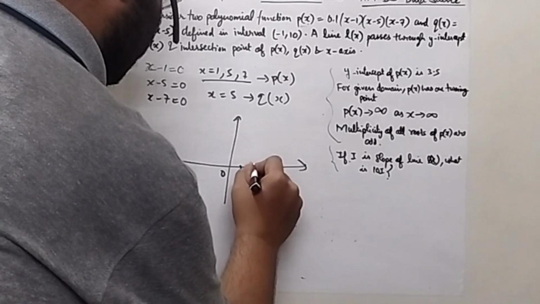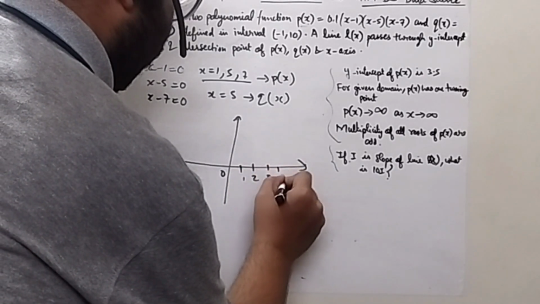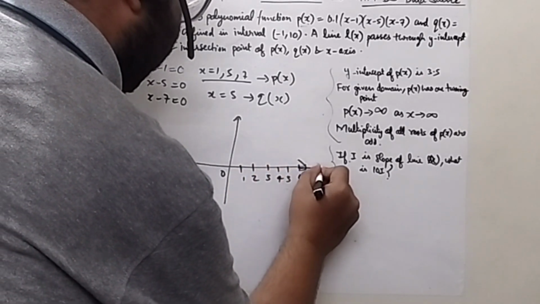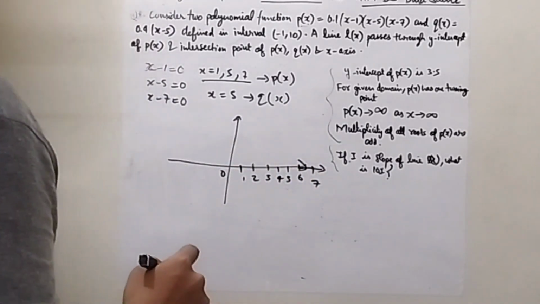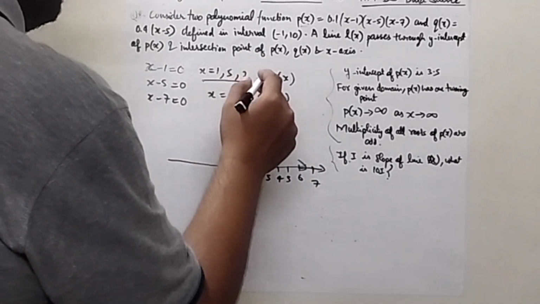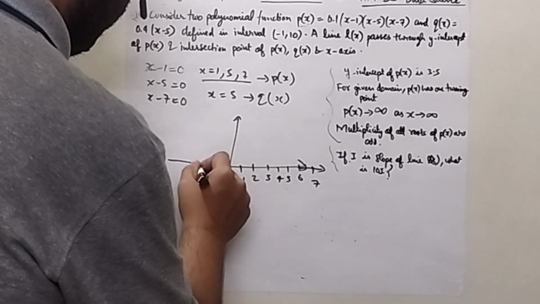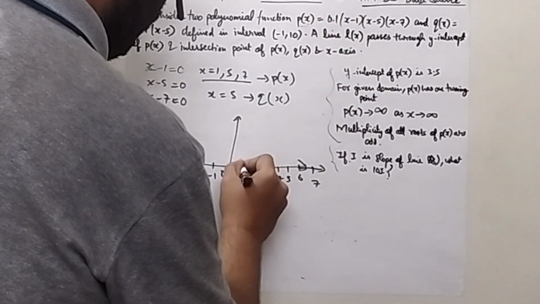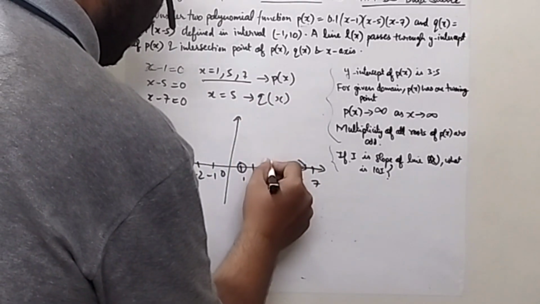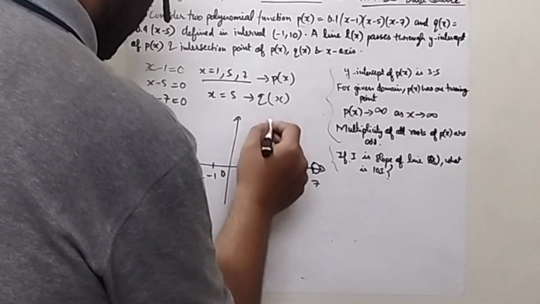So this is 1, 2, 3, 4, 5, 6, 7, like this. So that is -1, -2. For p of x the roots are 1, 5, 7.